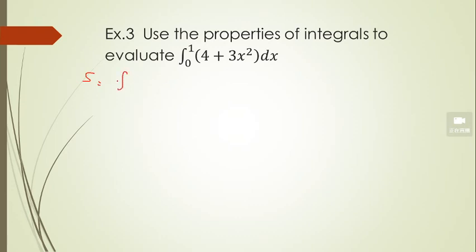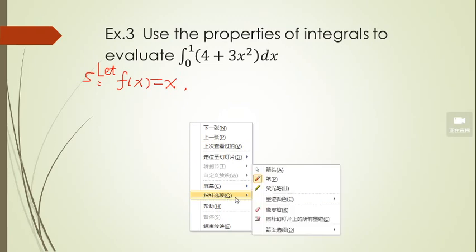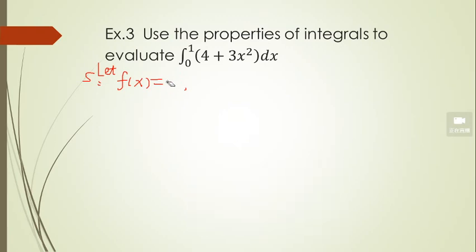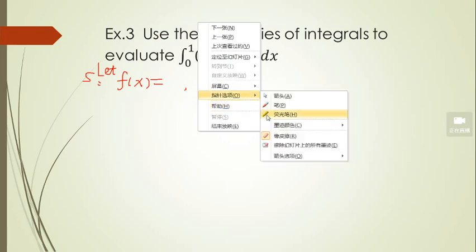We can try the sum rule. We can apply the sum rule. f(x) equals 4, right? And the second function equals 3x squared, right?